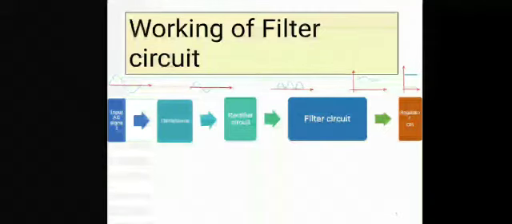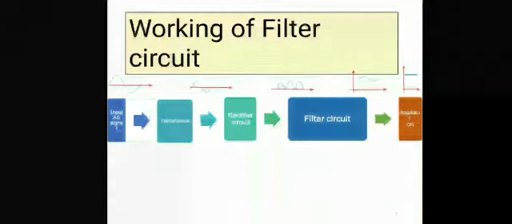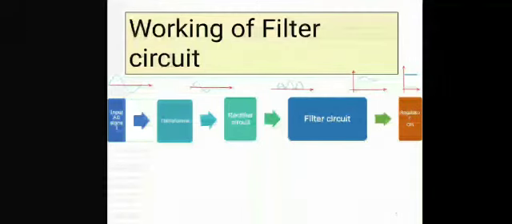And at the regulator output, you get a constant DC signal because the voltage is maintained at the desired value. This block diagram shows you the exact position of the filter circuit in the power supply circuit.